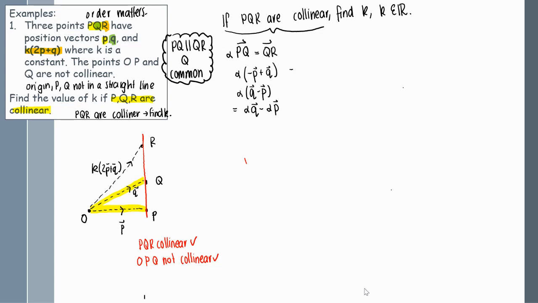Notice that for QR, we also need an expression in relation to k, little p, and little q. So to get from Q to R, I would have to go back down the position vector Q, so negative q, back to the origin, and then add on vector OR, which is k brackets 2 little p plus little q.